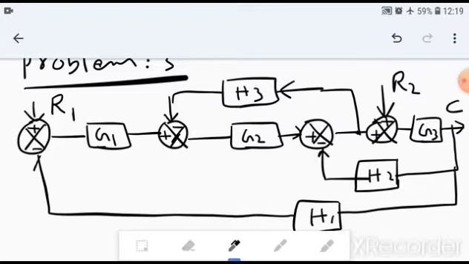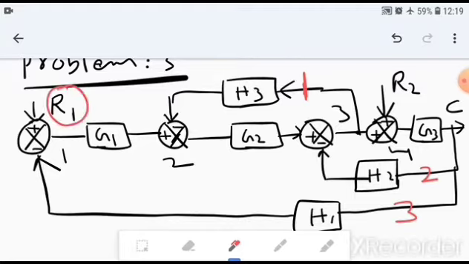So this is the given problem. First, understand that we have 1, 2, 3, 4 summing points, and coming to the feedbacks, this is one feedback, this is the second, this is the third. So we have three feedback connections, output to input.